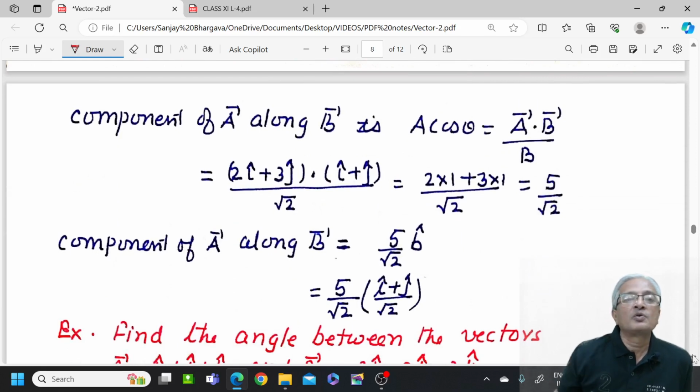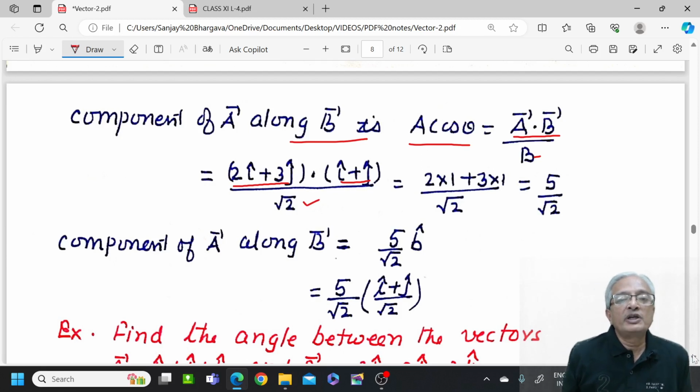Now I need to calculate the component of A vector along B vector, and that is A cos theta, which would be equal to A dot B upon B. A vector is given by 2i cap plus 3j cap, its dot product with i cap plus j cap, and magnitude of B is root 2. So 2 into 1, i dot i would exist, j dot j would exist, and all cross terms would be 0. So that gives me 5 upon root 2.